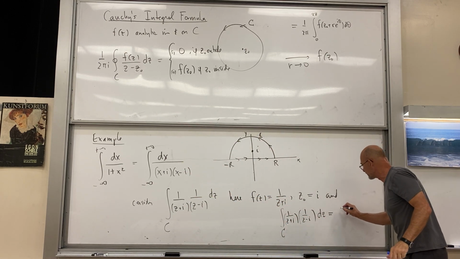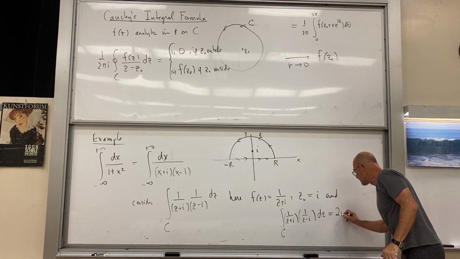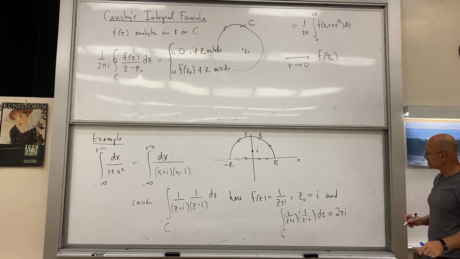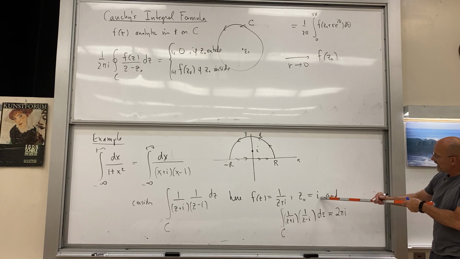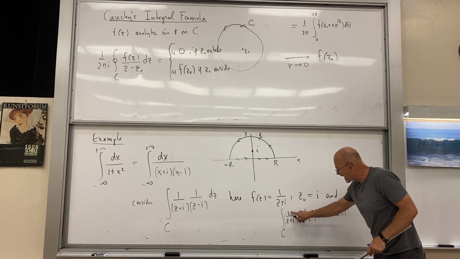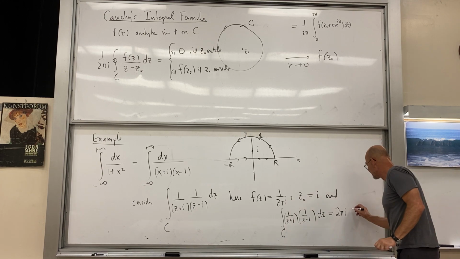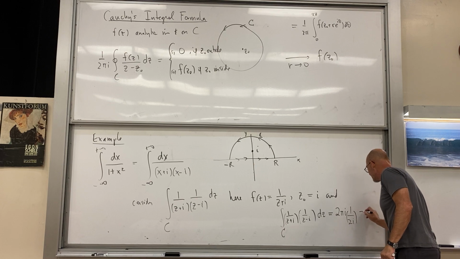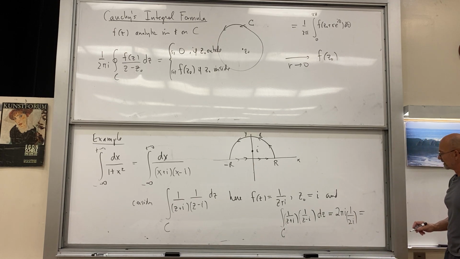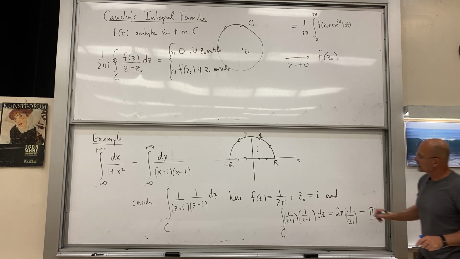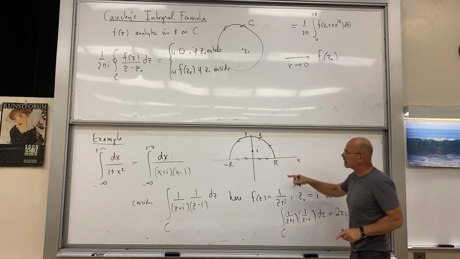Cross multiply, so that's equal to 2 pi i times f of z sub 0. z sub 0 is i, so f of z sub 0 is 1 over i plus i, 1 over 2i, times 2 pi i, and what do we get here? Pi. So this integral here is just equal to pi.